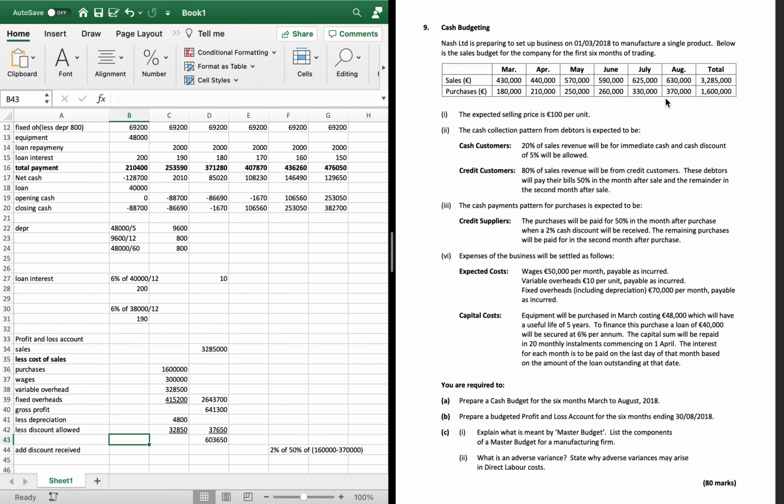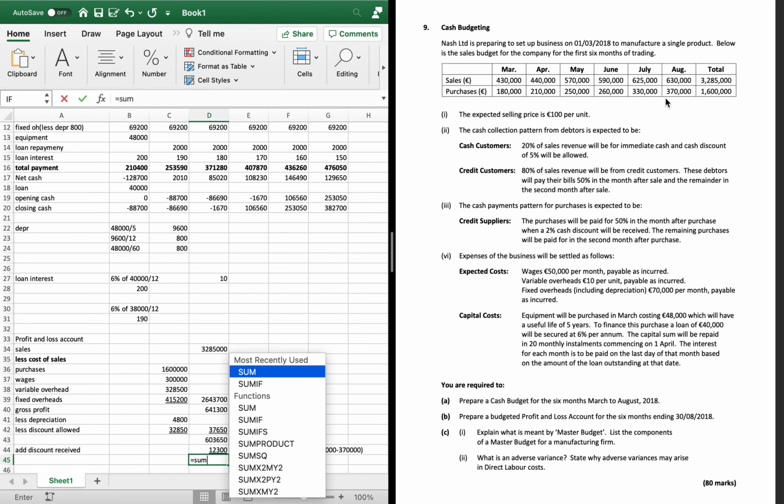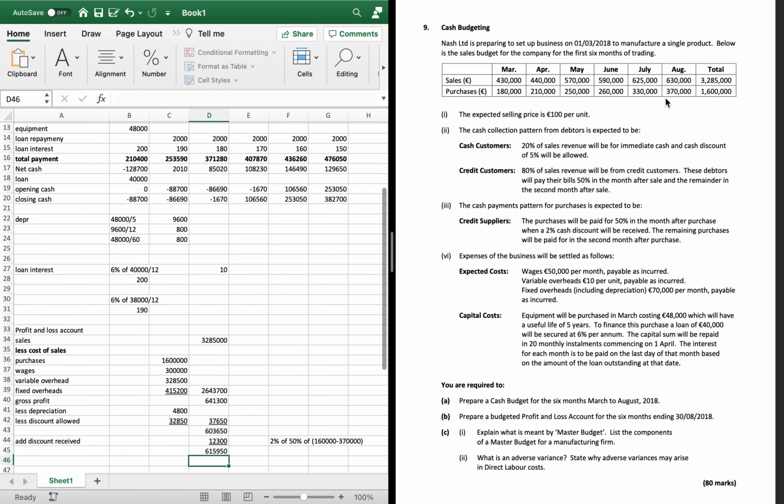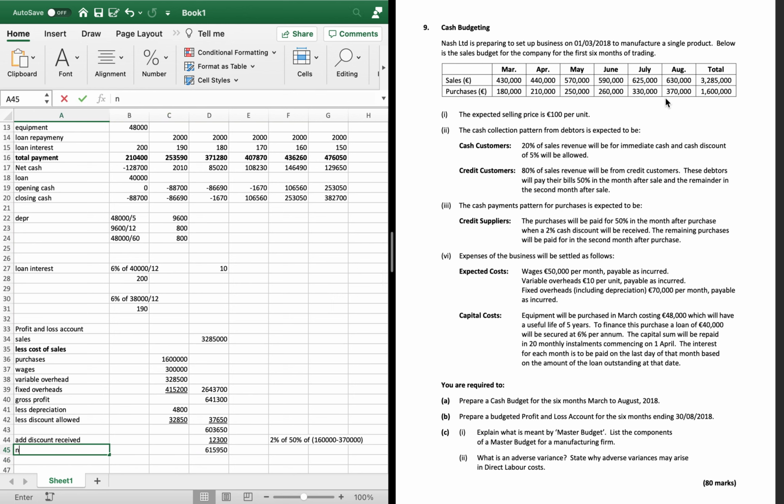So that is 2% of 50% of 1.6 million minus 370,000, which is 12,300. Now we have to add that on. That's a discount we receive, so that's a gain. Okay, and that gives us our net profit.